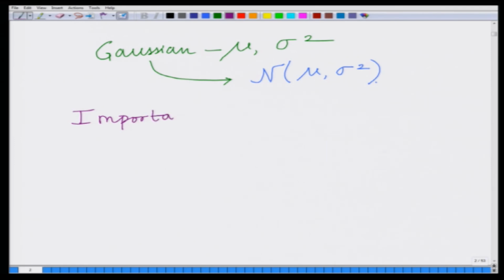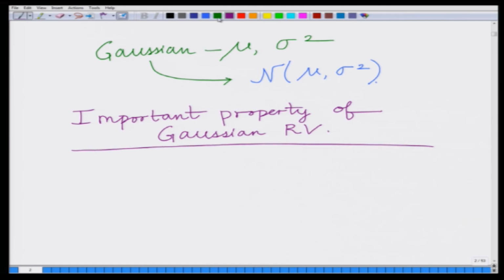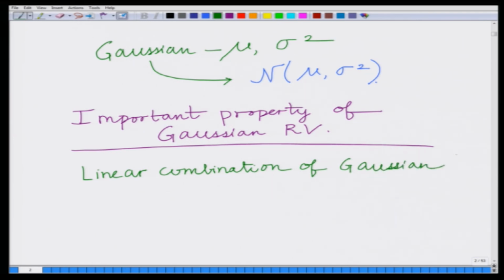Another important property of the Gaussian random variable is that a linear combination of Gaussian random variables results in another Gaussian random variable.